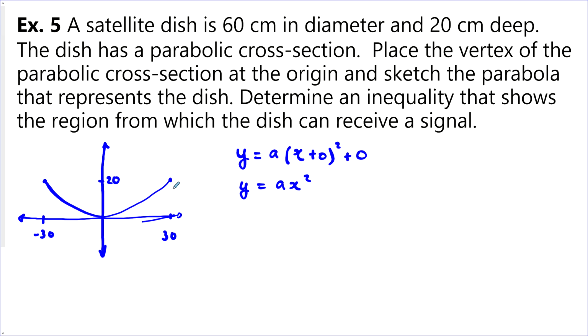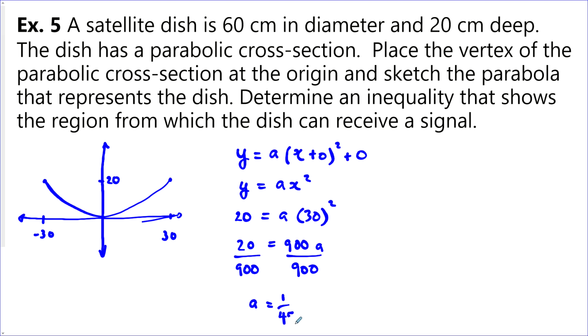Well, we could use this point right here, 30, 20. And that would be 900a. Divide both sides by 900, and we get that a is 1 over 45.